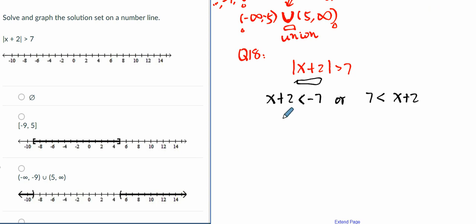It will be minus 2, minus 2, minus 2, minus 2 everywhere. So from here the positive and negative cancel, and x stands alone. Negative 7 minus 2 gives us negative 9, or 7 minus 2 is 5, and then x.